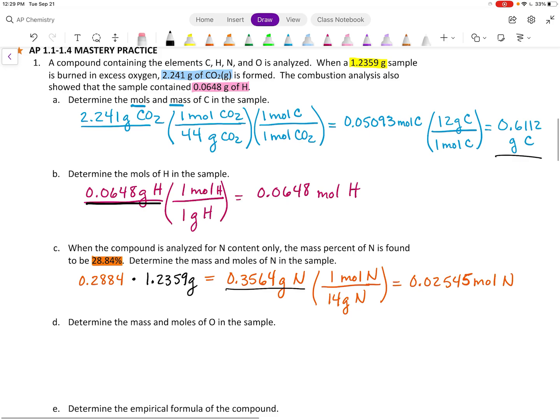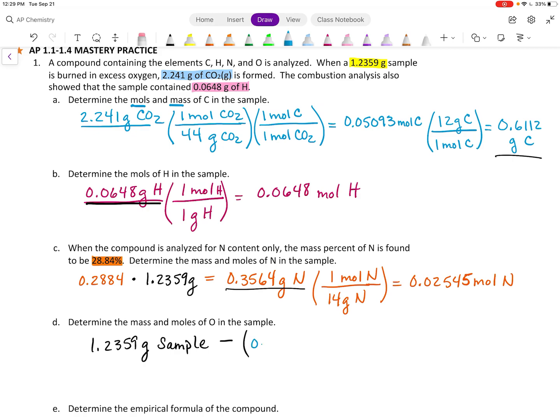So we have to have that from oxygen. So we're going to take the 1.2359 gram sample, okay, so grams of the sample, and we're going to subtract from that the sum of those other masses.